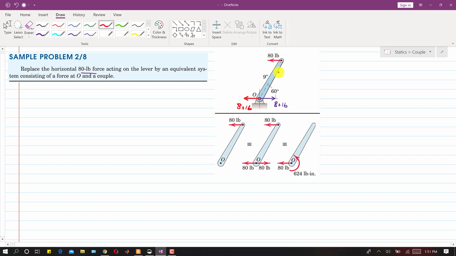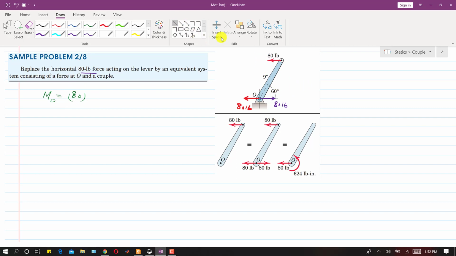Now as we can see, this force and this force are coupled. How much is the moment produced by this couple? Let me write the moment about O. That will be 80 times the perpendicular distance between these two forces.